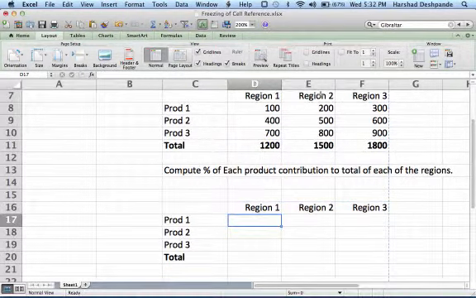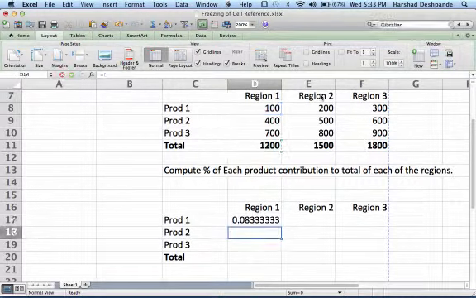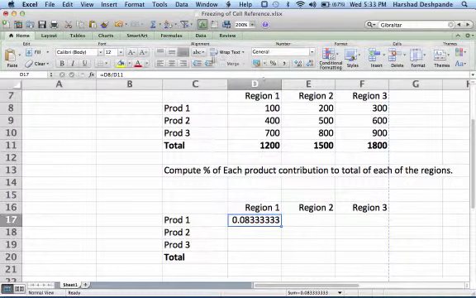Now how we are going to proceed is, you will say equal to, and you will then say 100 divided by 1200. Now this is the basic operation which gives you the result as a percentage contribution of product 1 to the total of region 1. And you would do this formatting.